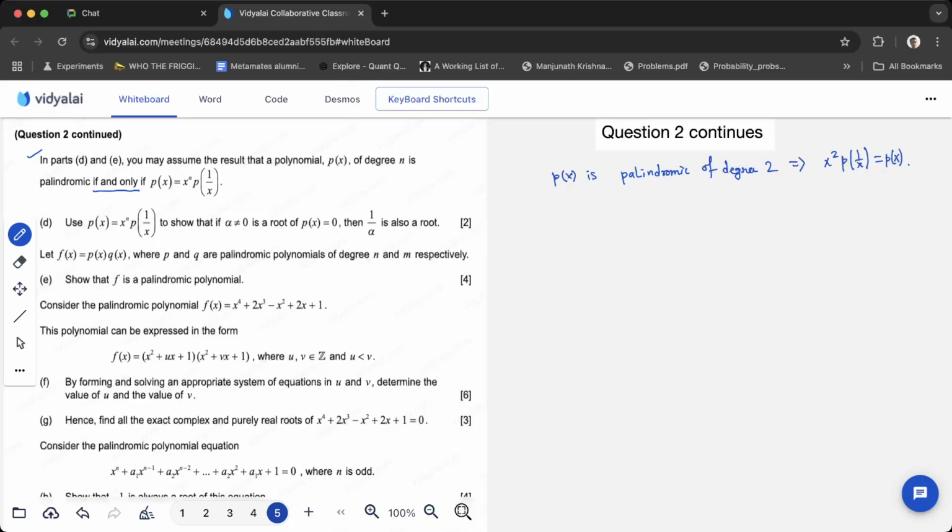Here it is generalized for degree n. More precisely, if p of x is equal to x to the n times p of 1 over x, this is true if and only if, so this is a two-way condition, p of x is palindromic. So this is something we can assume for parts B and D.